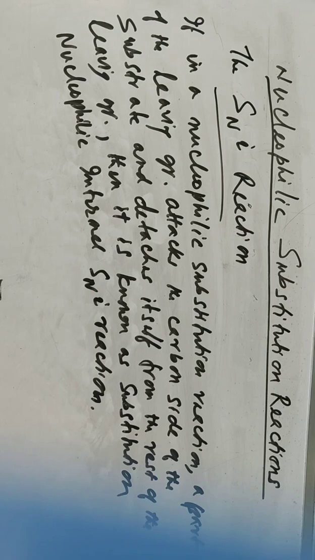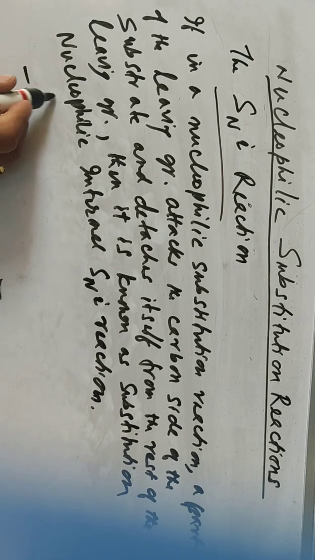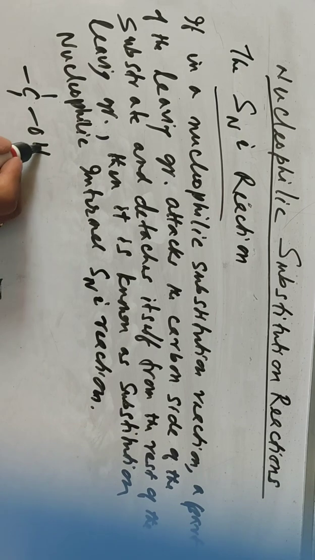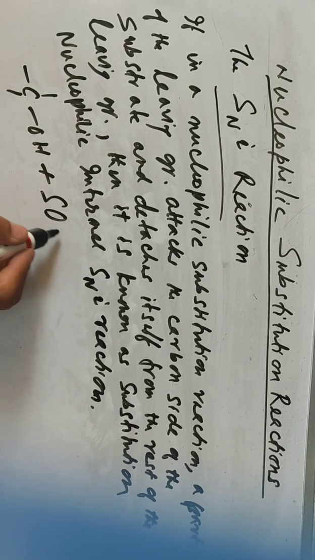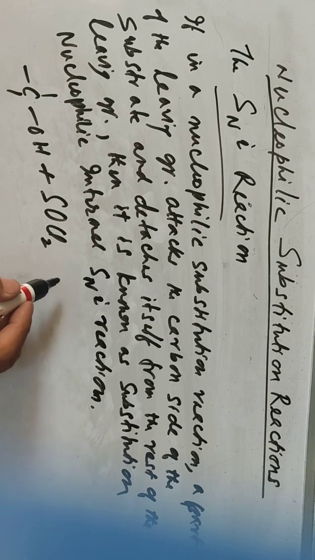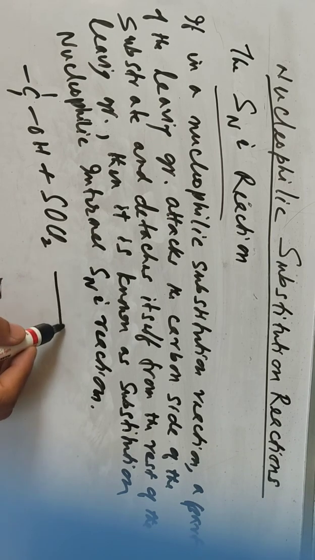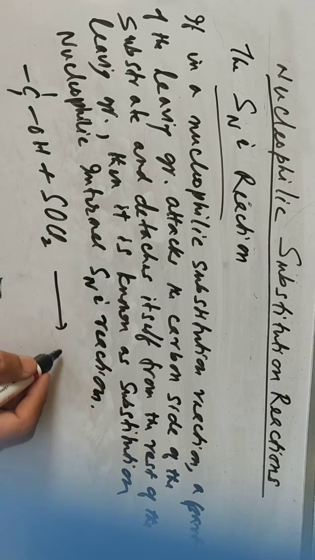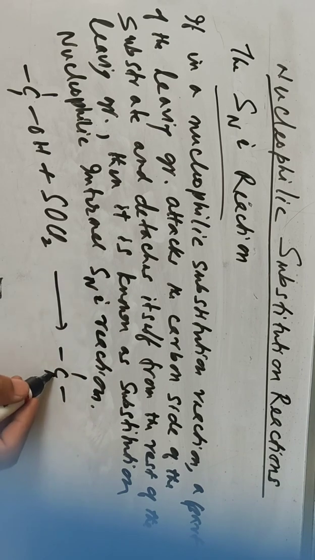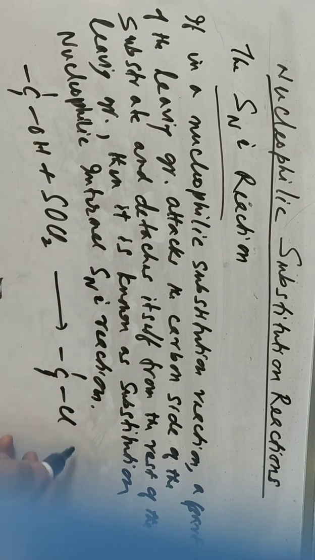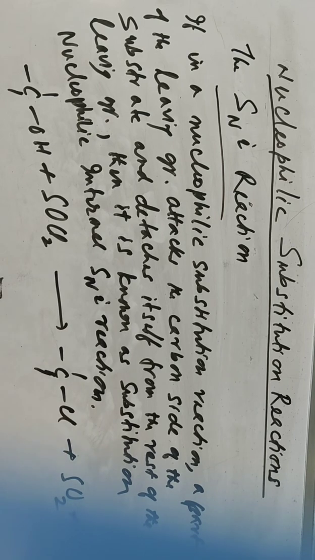So we can have some examples. The best example is the reaction of an alcohol with thionyl chloride, SOCl2. The OH group is substituted by Cl, and we have sulfur dioxide and HCl.